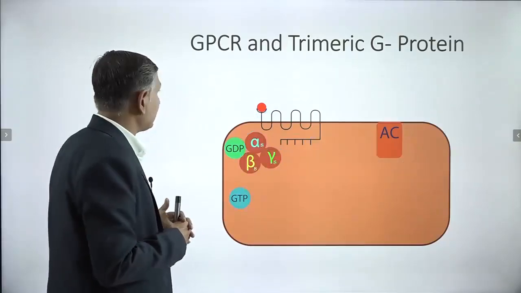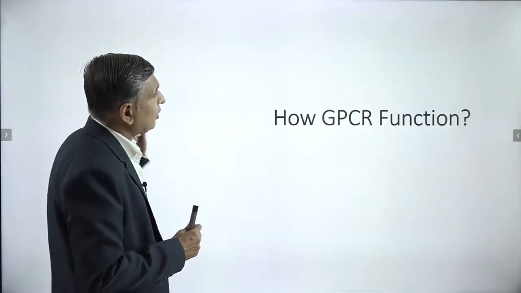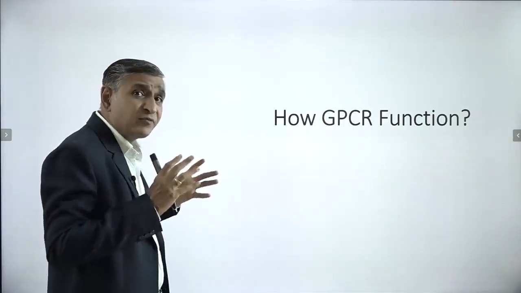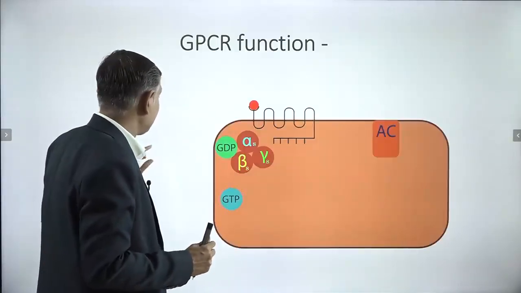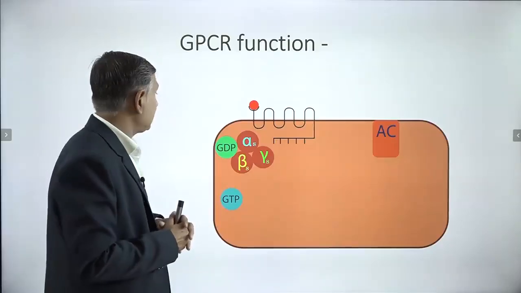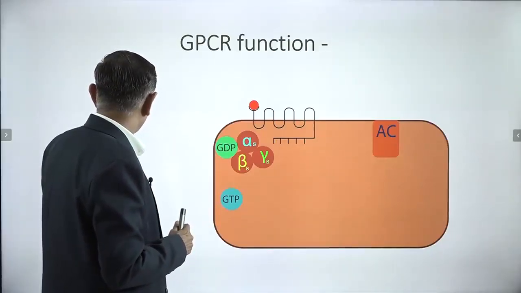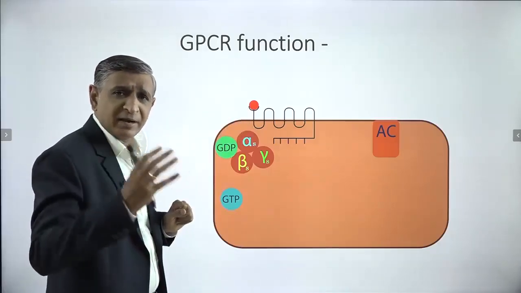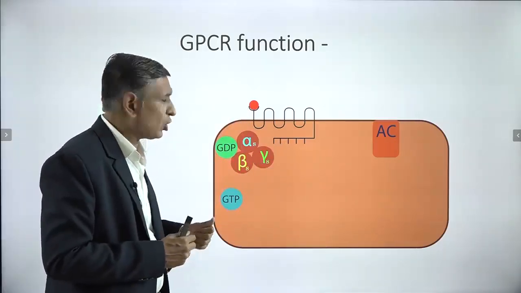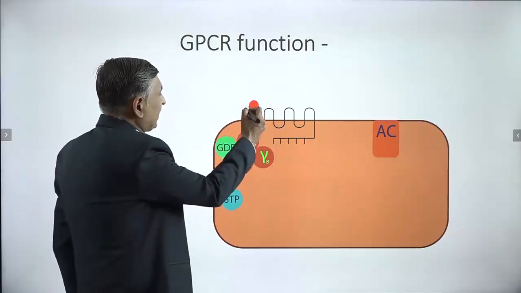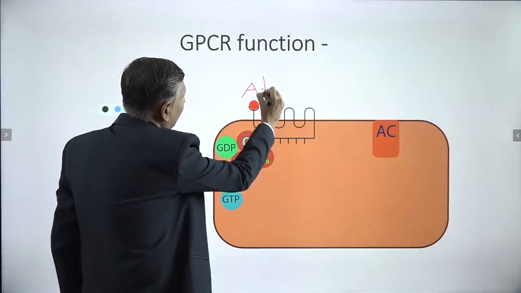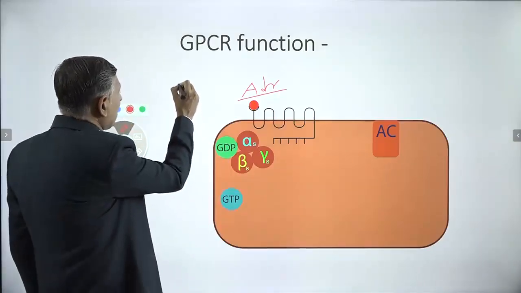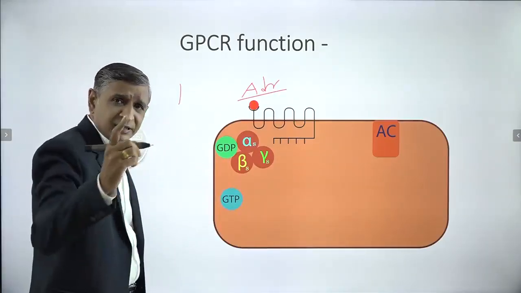Now, I am going to tell you how GPCR works, how it functions. And this is really an interesting part. Already I told you, my dear students, that this is the ligand binding domain, this is the effector domain. Once this drug, I am taking the example of adrenaline here. All of you know adrenaline works on the adrenergic receptors.